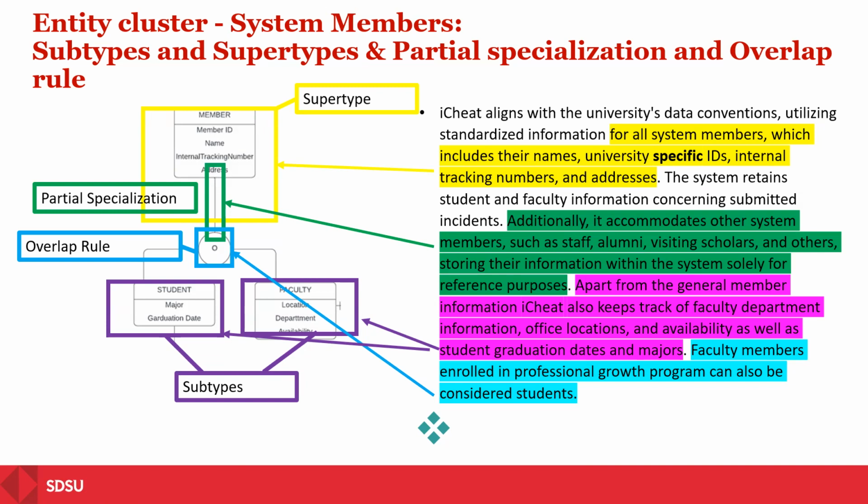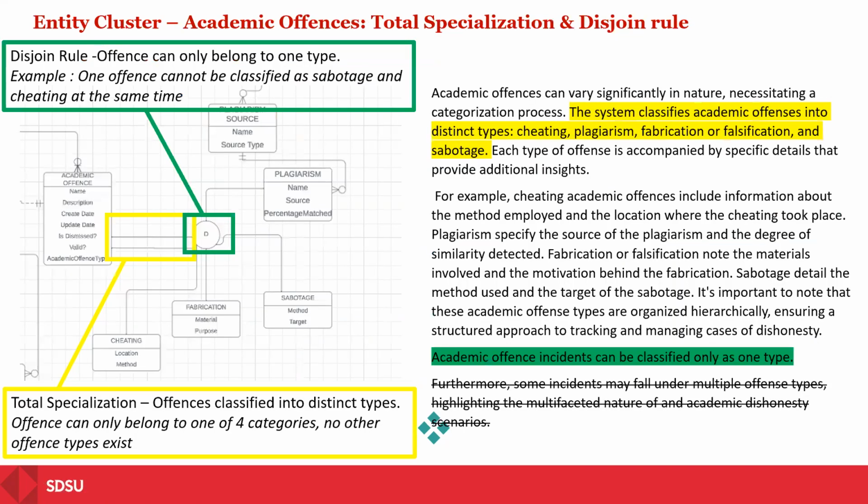There are a couple more examples I have here. Let's look at another entity cluster, academic offense. Academic offense has a lot of information here. First of all, academic offense is a supertype, and it has 4 different subtypes.